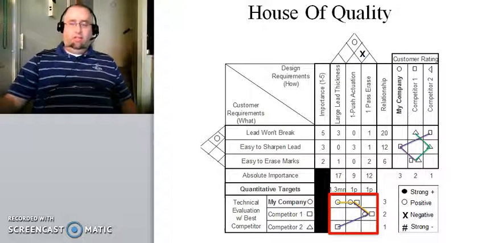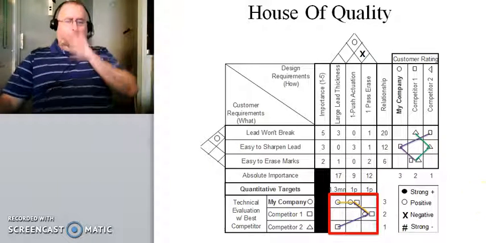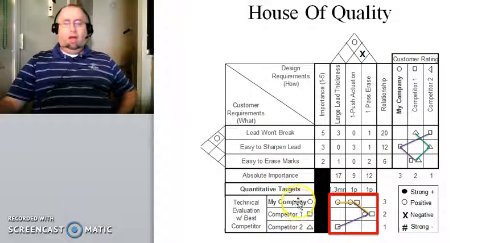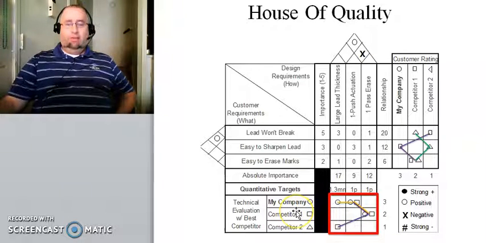Okay, so this section of the diagram is where I'm going to compare what my company is producing, my solution, to the best of the existing competitors on the market, using essentially the same technique that I used up here. But instead of comparing meeting customer requirements, what I'm doing here is comparing engineering requirements. So how well the engineering requirements are met by these particular designs.